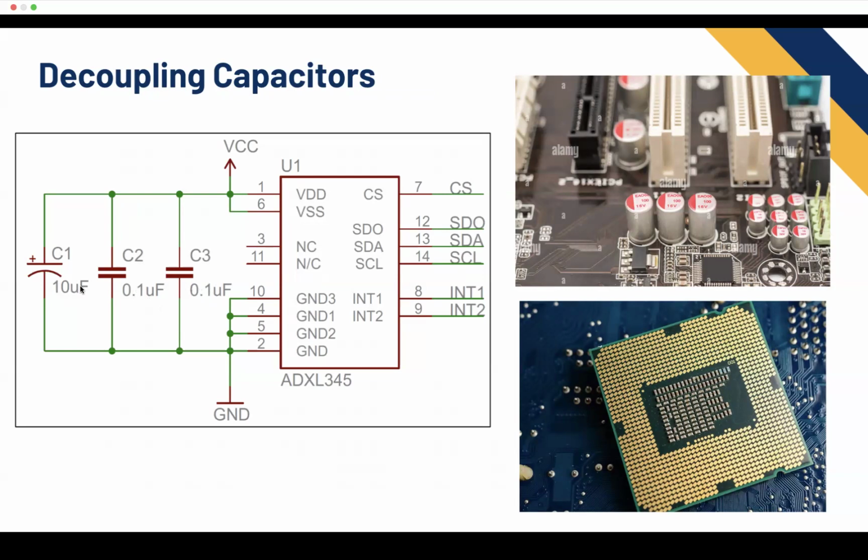But basically you want to pick a couple different values so that you can sink any transients across a range of frequencies. And having that capacitance drop off actually helps you here. Or it's not a capacitance drop off, it's an impedance drop off, because impedance is equal to 1 over j omega c.